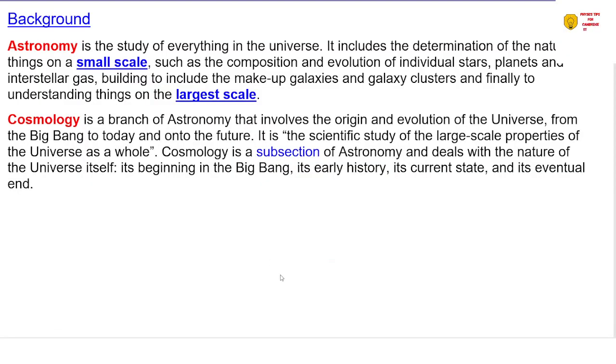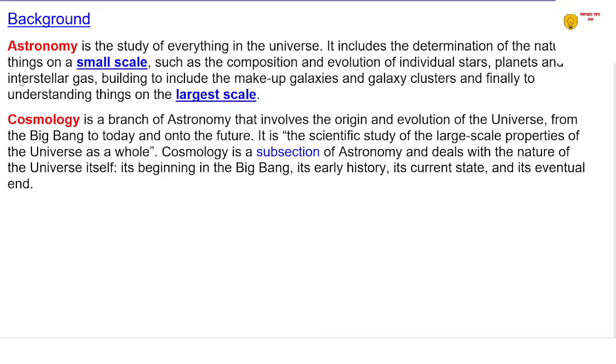Right, so just to lay a background to this topic on standard candles, we have got to start off by defining what is astronomy and what is cosmology. Now, astronomy is the study of everything in the universe. It includes the determination of the nature of things on a small scale, such as the composition and evolution of individual stars, planets, interstellar gas.